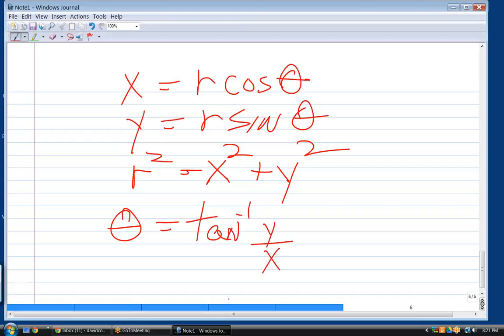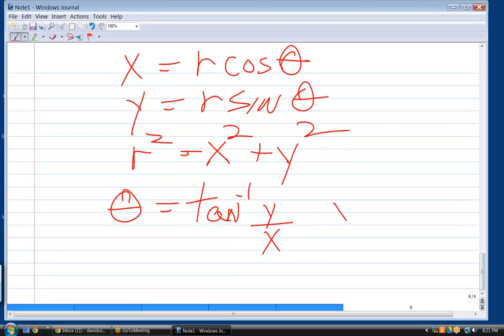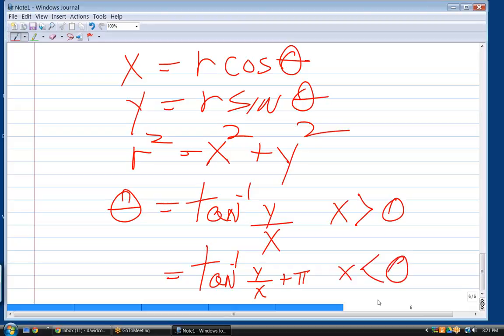And I think you can see that. That's only if x is greater than 0. It's equal to the inverse tan of y over x plus pi if x is less than 0. Your book may not spell it out quite like this. There's lots of ways to make this a lot more complicated, but this is the easiest way.